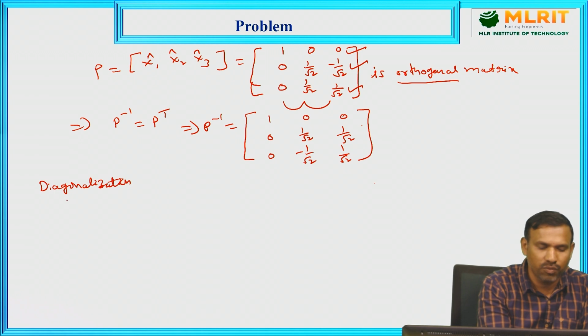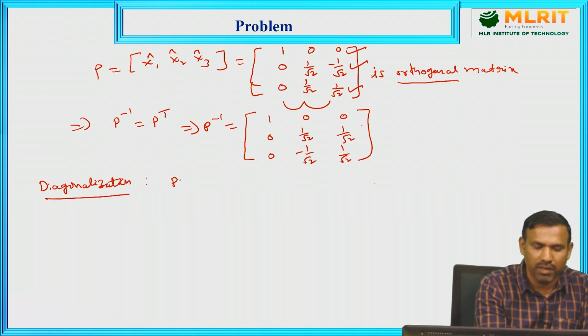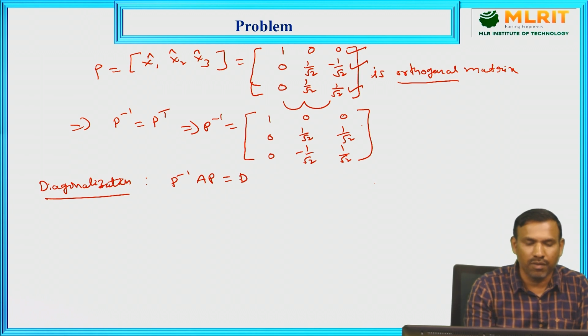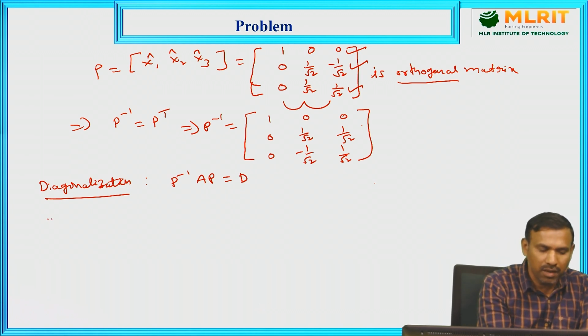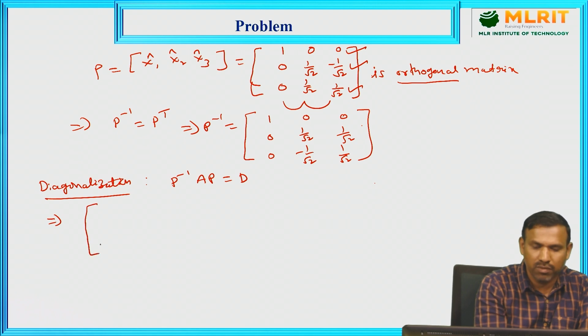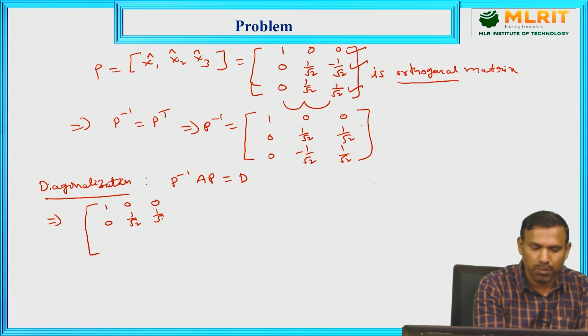For the diagonalization formula, I gave you the procedure, that is P inverse AP is equal to D. We have P matrix, P inverse, A, multiplying these three. So, let us write P inverse. We have 1 0 0, 0 1 by root 2, 1 by root 2, 0 minus 1 by root 2, 1 by root 2.